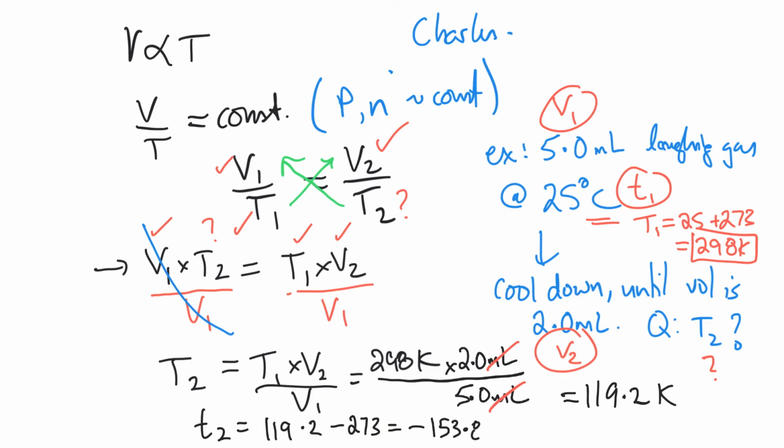And if I ask myself how well do I really know this stuff? Well, if I look at the significant figures, 298 is 3, 2 milliliters is 2, 5 milliliters is 2. So I probably only know this temperature to 2 significant figures. So that means I can probably only really write minus 150 degrees C. So that's pretty darn cold, right?